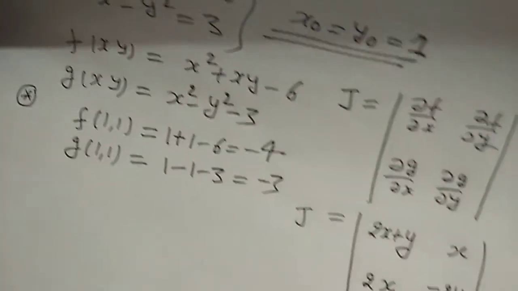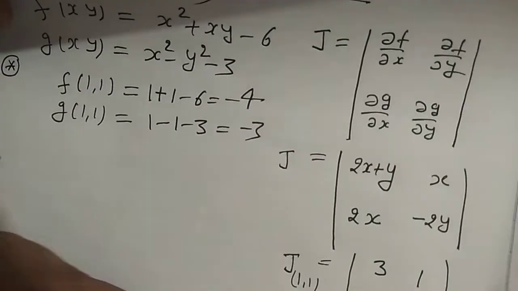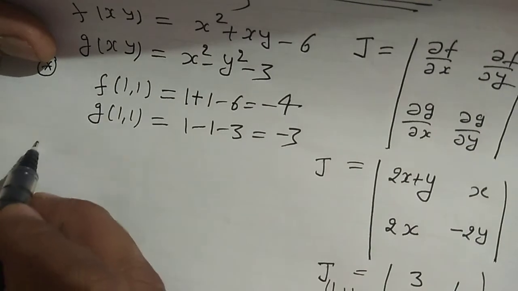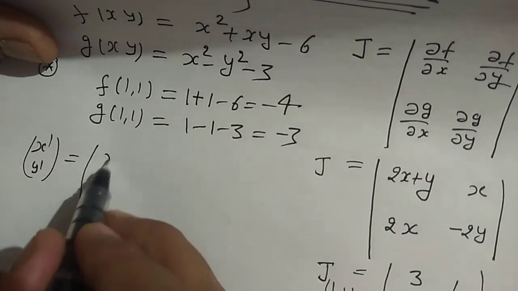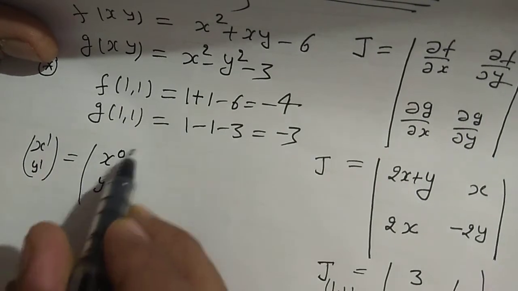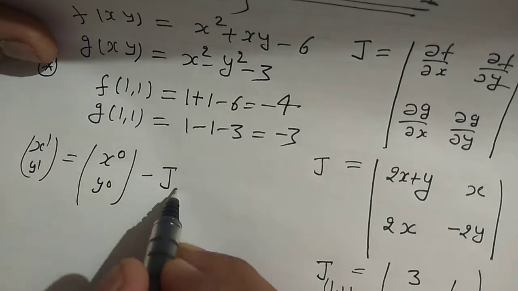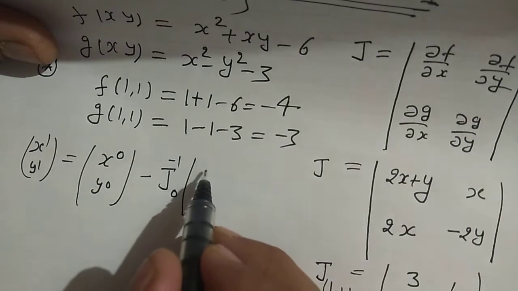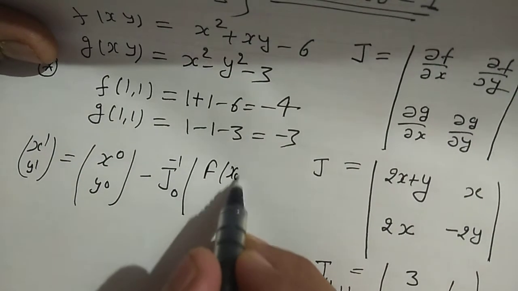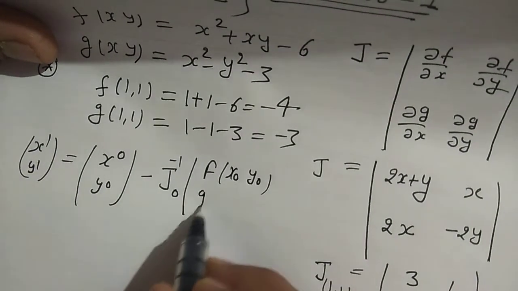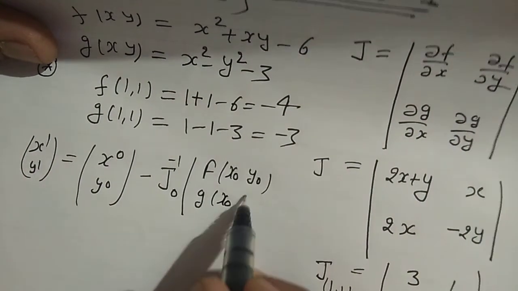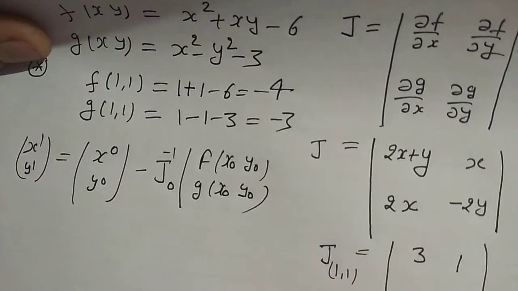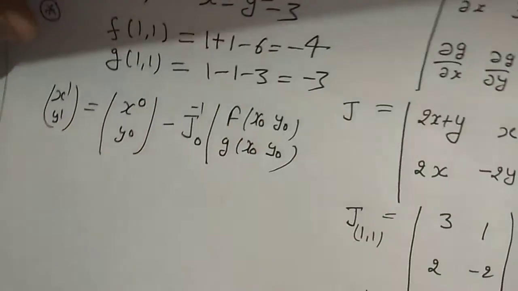Now let us apply the formula. For first iteration we have x1, y1 equal to x0, y0 minus J0 inverse times f and g at x0, y0, fine.